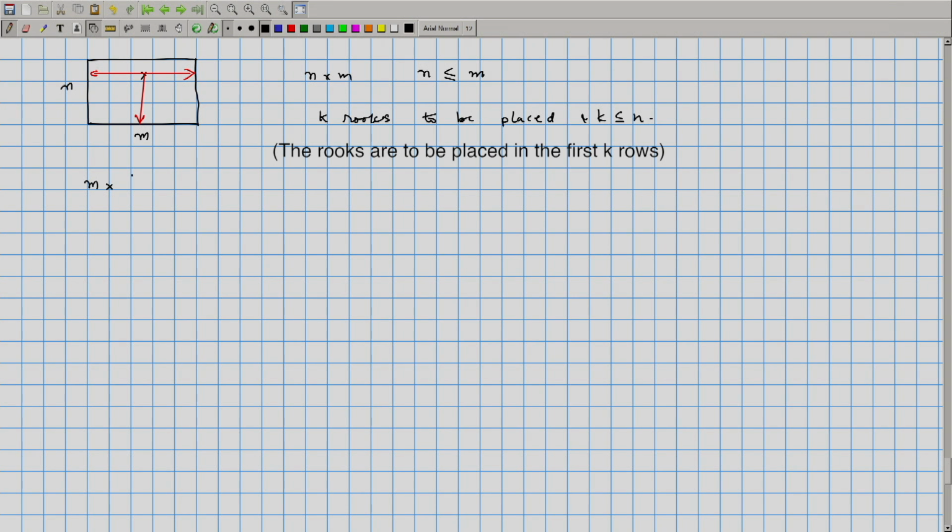So, the total number of ways of placing the second rook is m minus 1, and so on all the way up to m minus k plus 1, if you had to place k rooks. If k was n, this would have been the following factorial up to n. So, that is the number of ways of placing k rooks on a regular rectangular board.